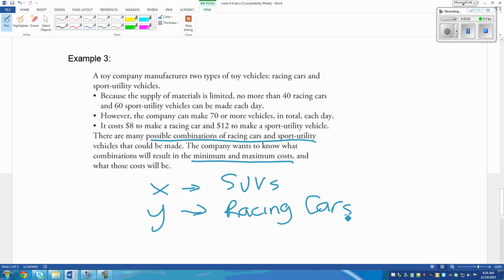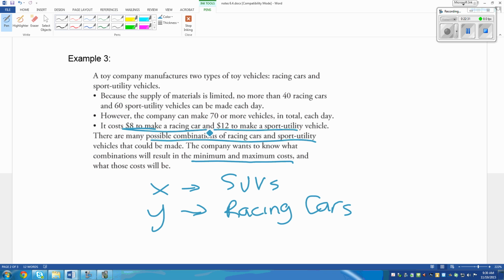So we now know what we're going to deal with. They want to know the minimum and maximum cost. Okay? So thinking about that, Dylan, what's our objective quantity? What's the cost? Where did it talk about cost? $12 for SUVs, and then $8 for racing cars. Okay. So you can write Q is equal to, I'm going to write C because it asks for cost, right? It means the same thing.